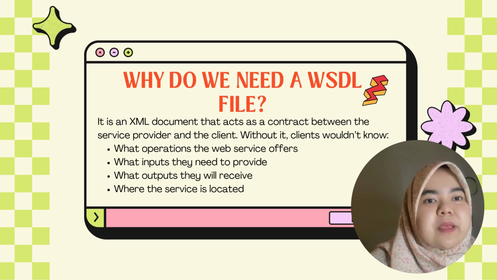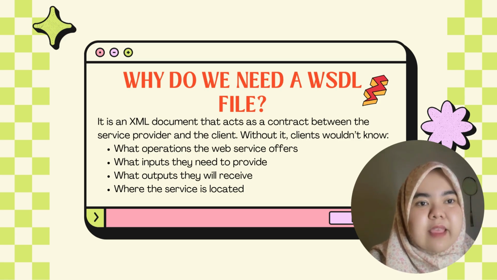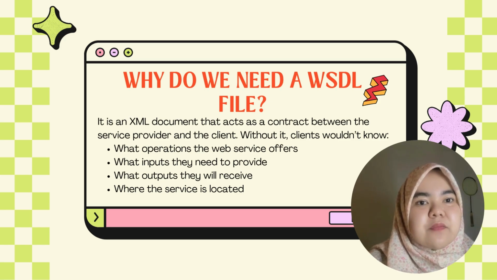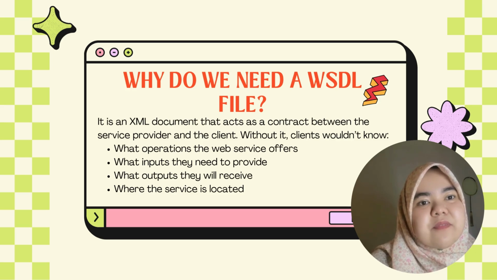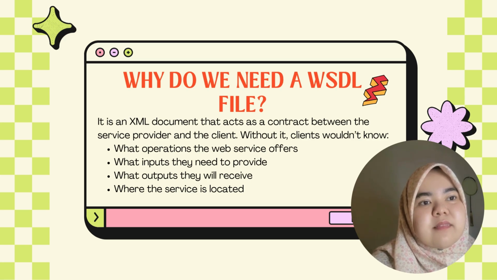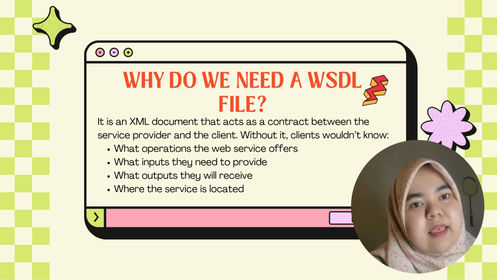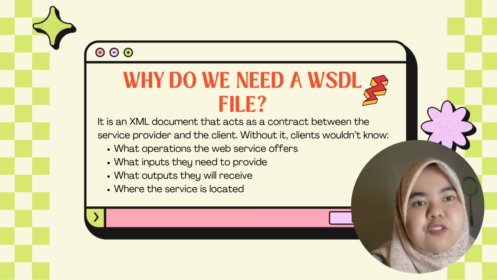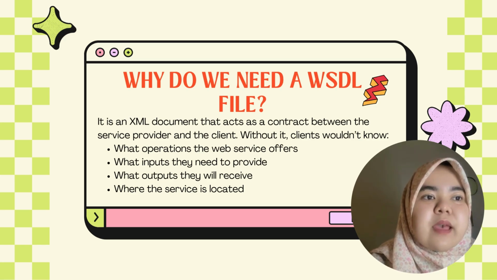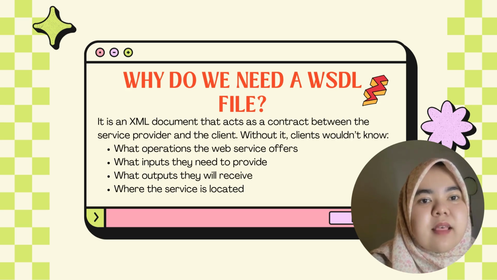So here are the main parts of a WSDL file. Let me show you. Okay, as you can see, the first one is types. Types defines the data types used, for example, integers for calculator inputs. And then message defines input and output messages, for example, add request and add response.